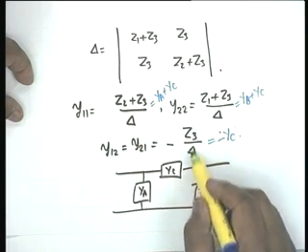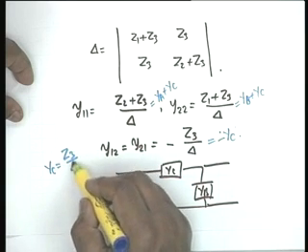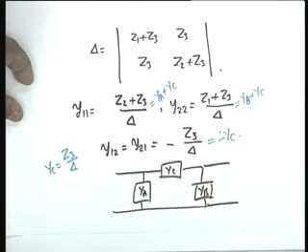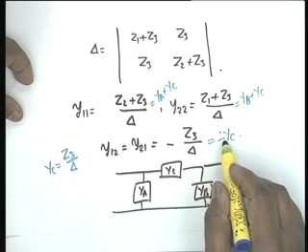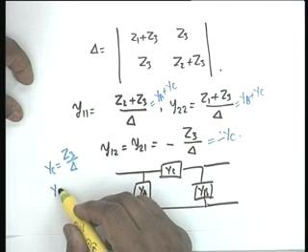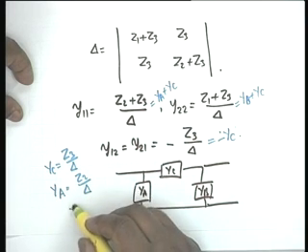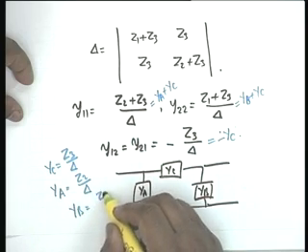YC is simply Z3 by del, no minus, it is plus because this is minus YC, this is minus Z3 by del. YA would be equal to Z2 by del and YB shall be equal to Z1 by del.